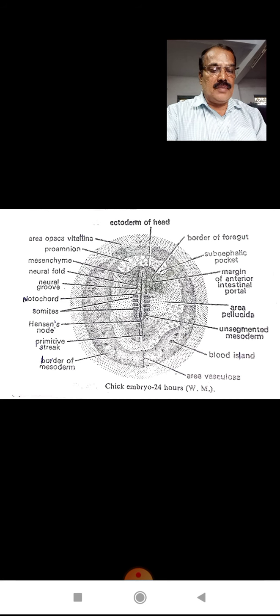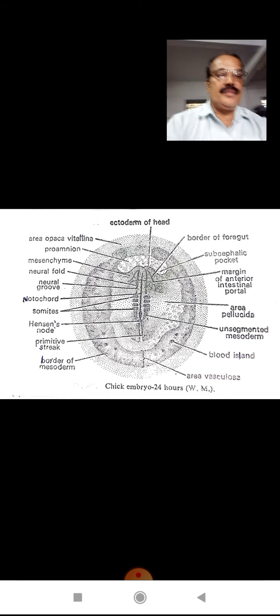Unsegmented mesoderm is seen behind the somites. Primitive streak is reduced and restricted to the posterior region of the area pellucida. Anterior to the primitive streak is Hensen's node.